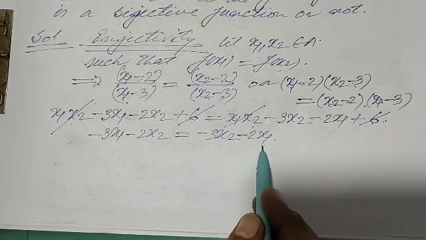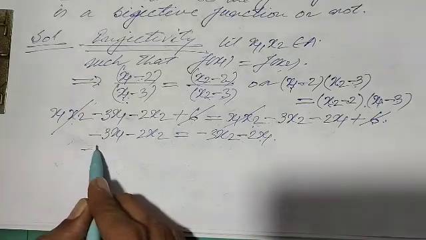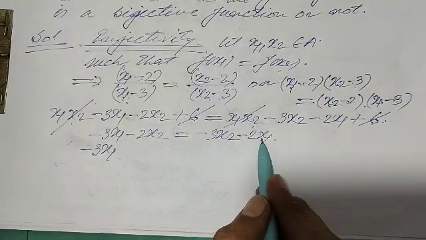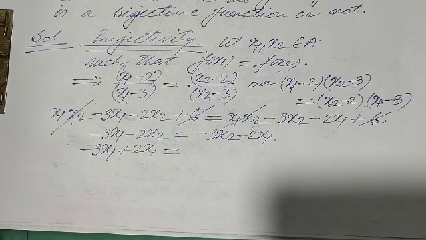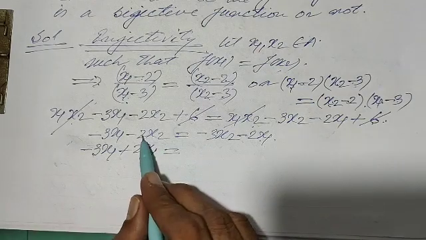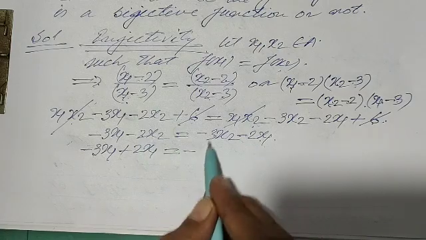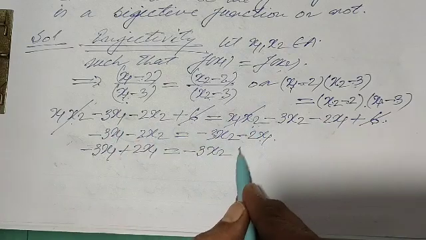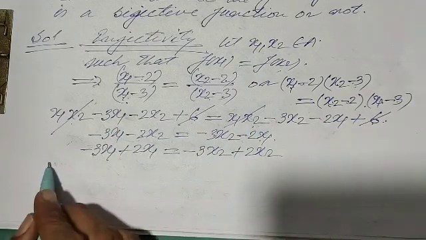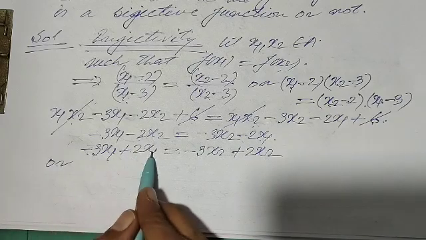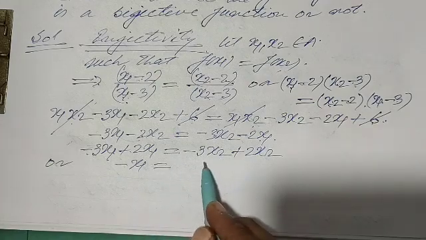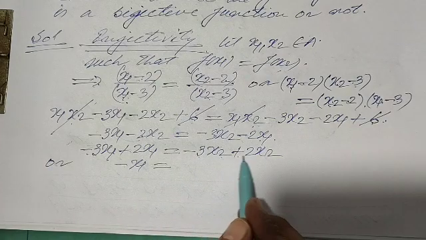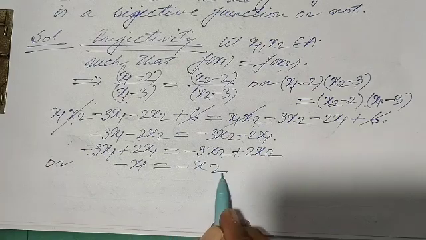Now we have to transpose 2x1 to left hand side. So minus 3x1 was already here and minus 2x1 becomes plus 2x1 on transposition. So plus 2x1, and we have to transpose 2x2 to right hand side. So there was minus 3x2 and it becomes plus 2x2. So we have minus 3x1 plus 2x1, we get minus x1, and on the right hand side minus 3x2 plus 2x2, we get minus x2.